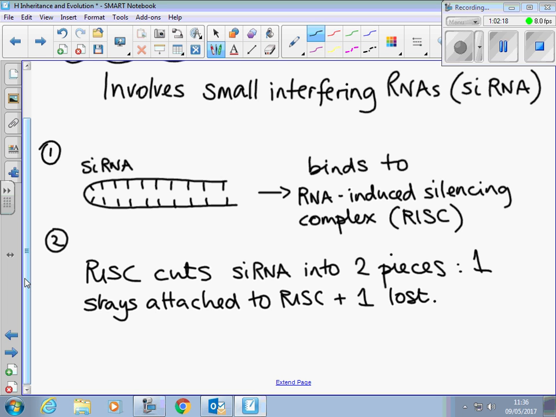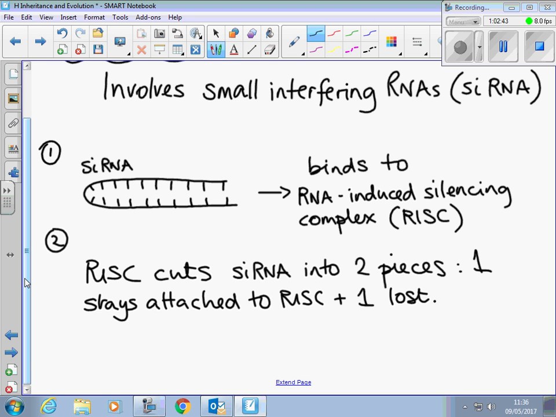All right, now this is to remove the messenger RNA so that it isn't just used endlessly. So if you think about it, once you've transcribed a gene and you've got the messenger RNA, what happens after that? Let's say you've got 1 million copies of messenger RNA in the cell. Well, you'll just keep churning out that protein. So you do have to remove the RNA so that there is some control. And this is what that does.